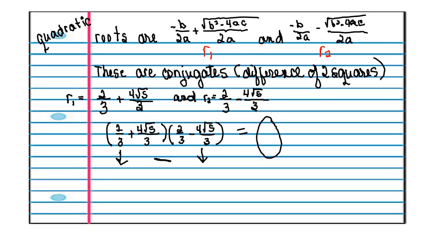So I'm going to do the difference of two squares, and the first guy is always squared, so that's going to be 4 over 9. And then we're going to square the last guy, which is going to be 16, 4 squared, and square root 5 times square root 5 is 5, and that's going to be over 3.